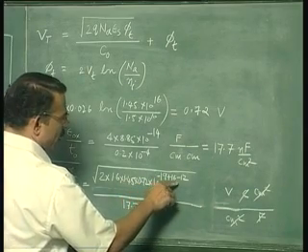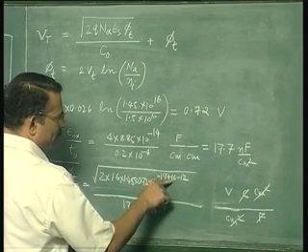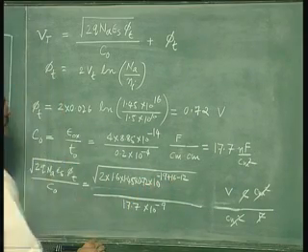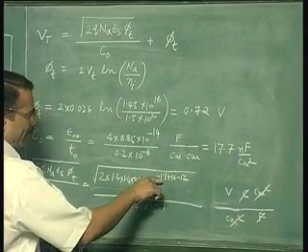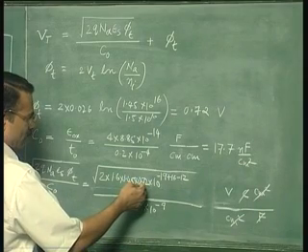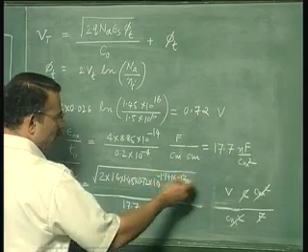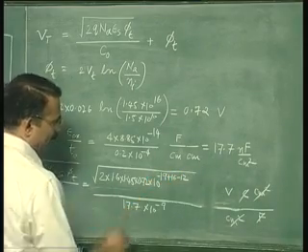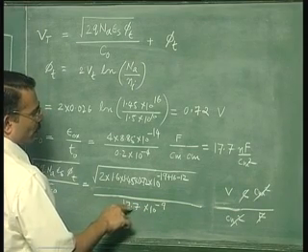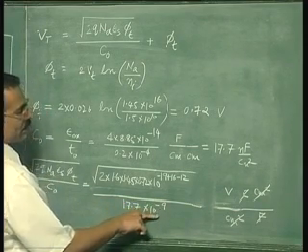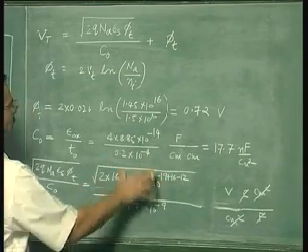Here you will find you have powers of 16 minus 12, that is 4, and minus 19 plus 4 is 10 power minus 15. So now you can make it 10 power minus 16 and multiply this quantity on this side by 10, so that what you get out from the square root is 10 power minus 8. Now the bottom is 1.77 into 10 power minus 8. So 10 power minus 8, 10 power minus 8 will cancel. So you will get this of the order of volts.